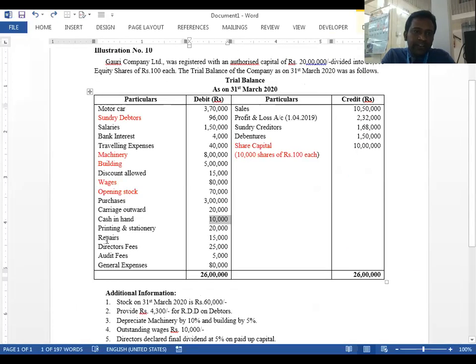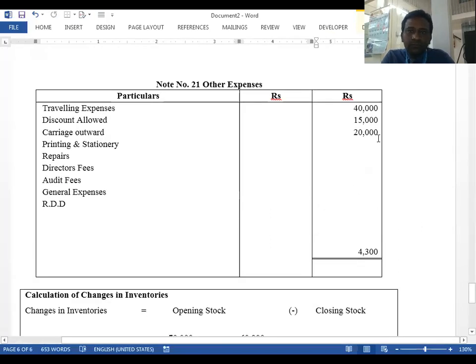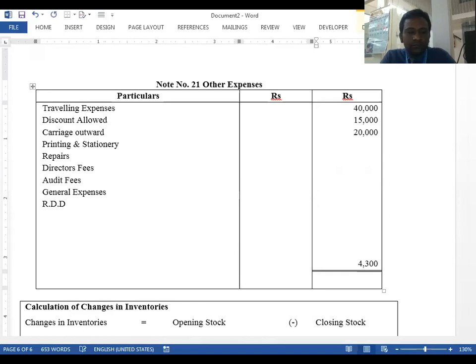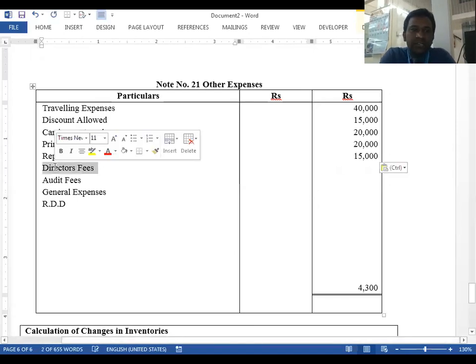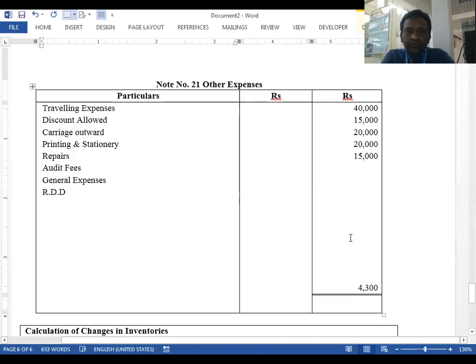Then printing and stationery, repair, both items are related to other expenses. So we transfer them to other expenses. Notes number 21. Basically, director fees is transferred to employee benefit expenses.